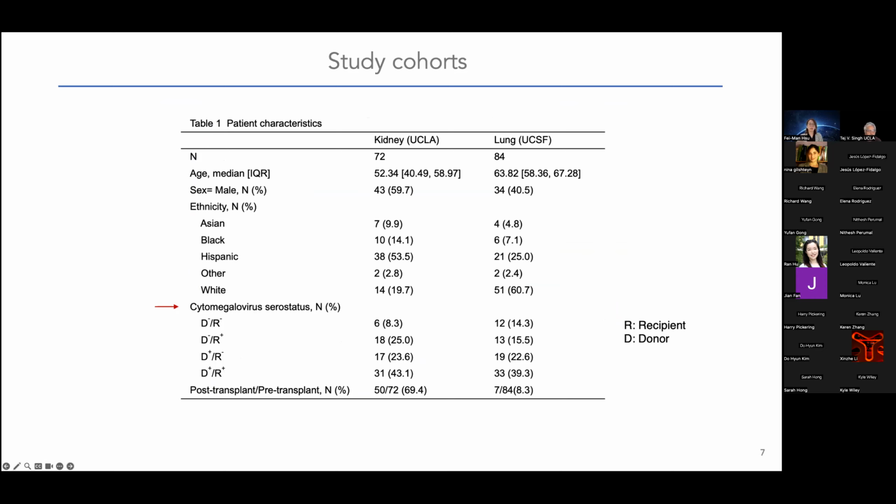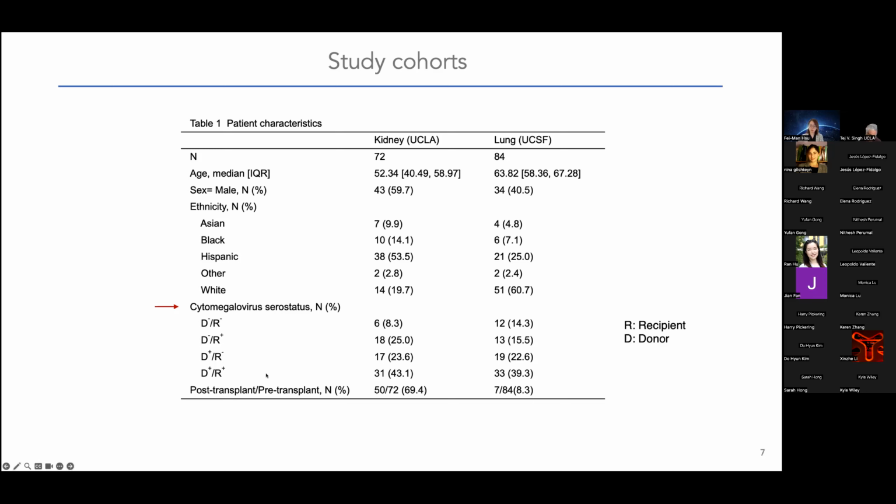So let's give a quick look at the study cohort information. We have in total 156 or so pre-transplant samples coming from the kidney and lung cohorts. There will be variations in ages and sex, and we also record their ethnicities. The most important part is that we record their CMV serostatus, which means whether they have been infected with cytomegalovirus, which would be the recipient.